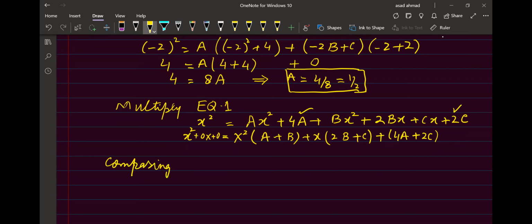Comparing coefficients of x square, x and constants on both sides.